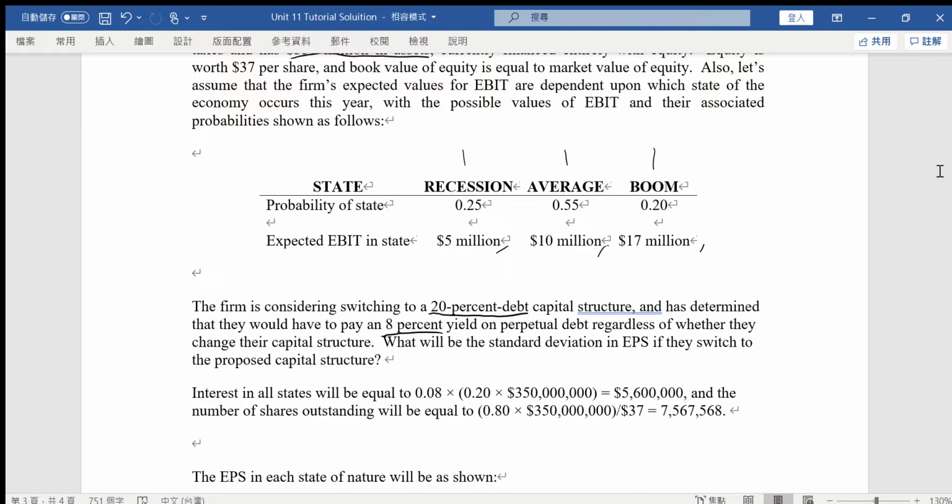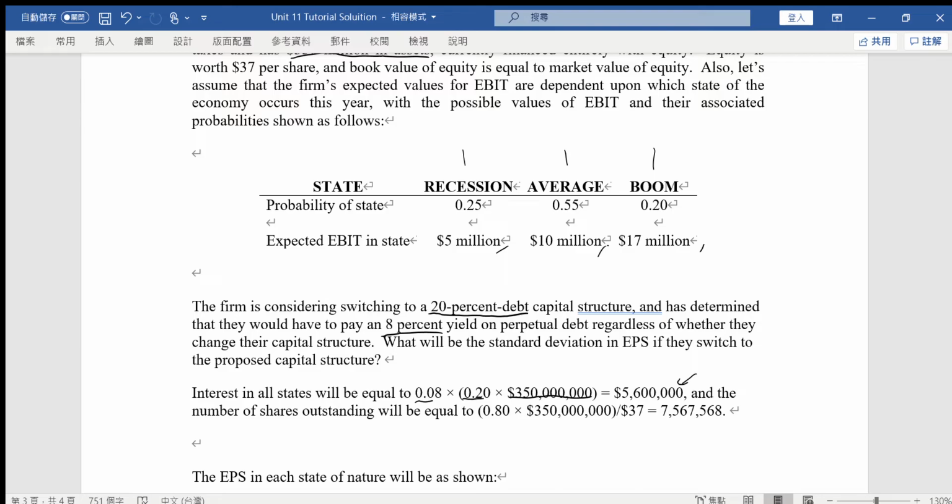Okay, originally you will find that the bond is 8%, and it accounts for 20% of the total value. That's why if the company finances 20% by bond with 8% interest, it is required to pay 5.6 million interest.